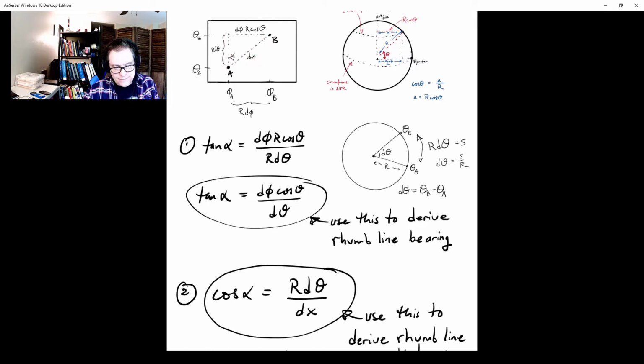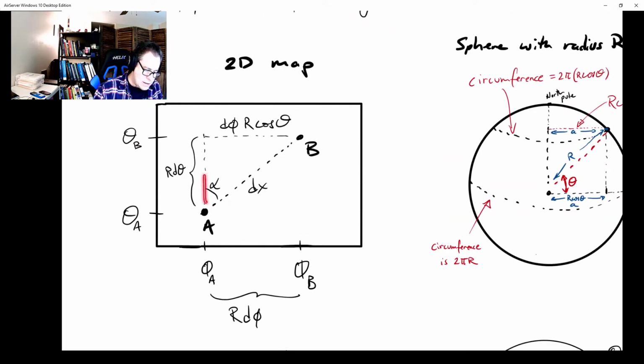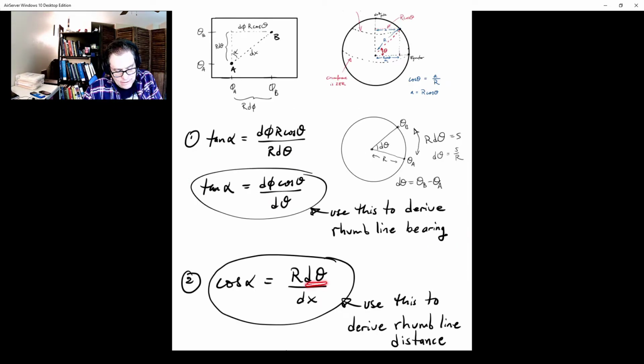It's a differential amount of distance, and what I'll end up doing is integrating over that entire distance to actually find the distance, integrating from point A to point B to get the total distance. It's a relationship between the cosine of alpha and the differential in theta and the differential in x that allows me to use integration to find that length. So yes, the adjacent side, r d theta, divided by the hypotenuse, dx, and as we integrate with respect to theta and x, we'll be able to solve for x.